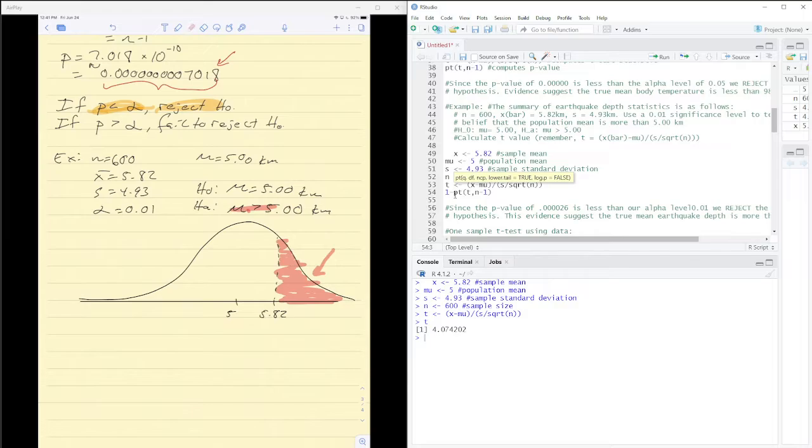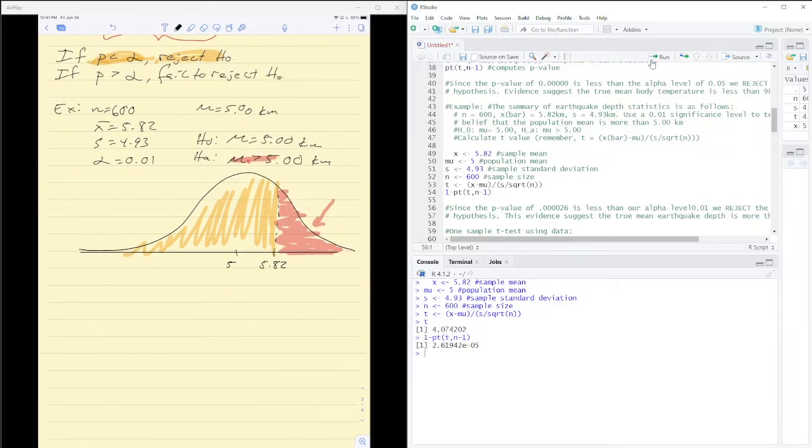So your p-value is 2.619 times 10 to the minus 5, which is 0.00002619.